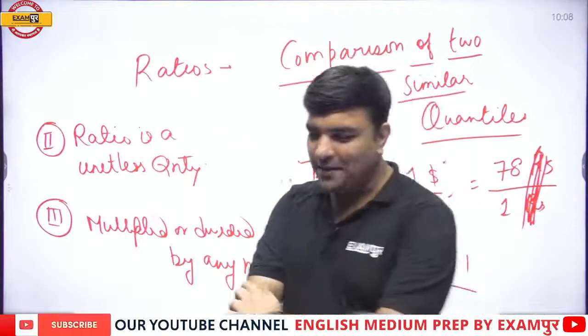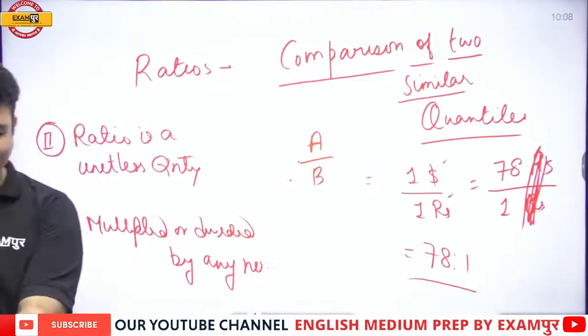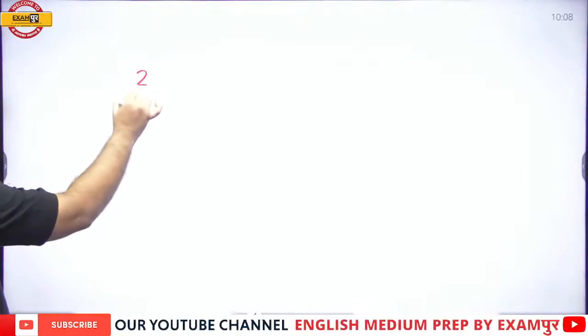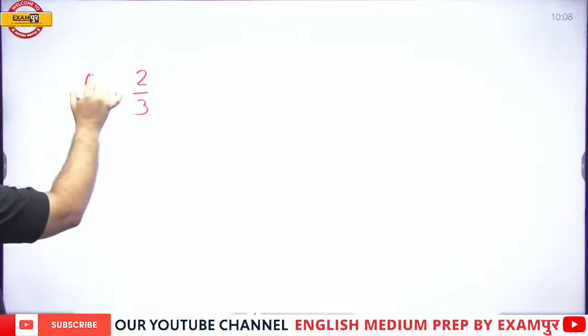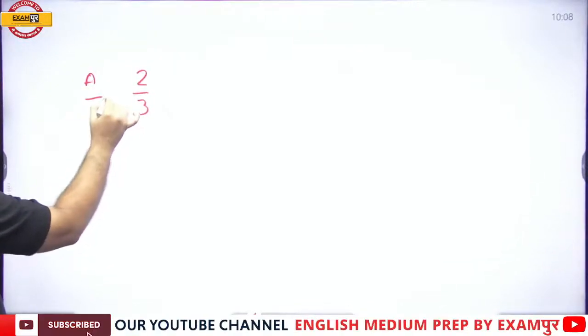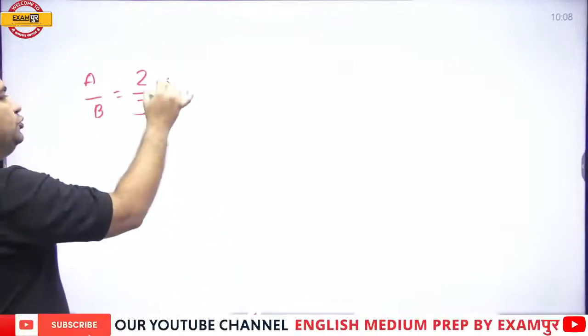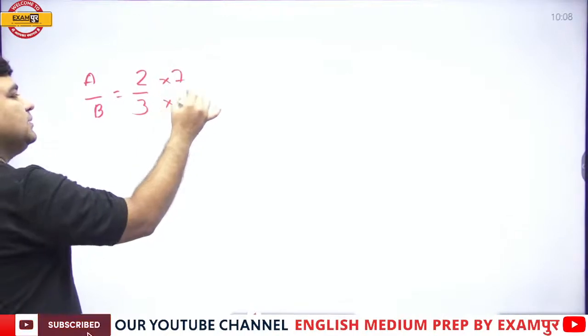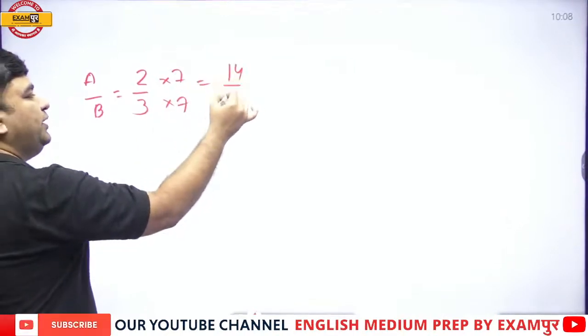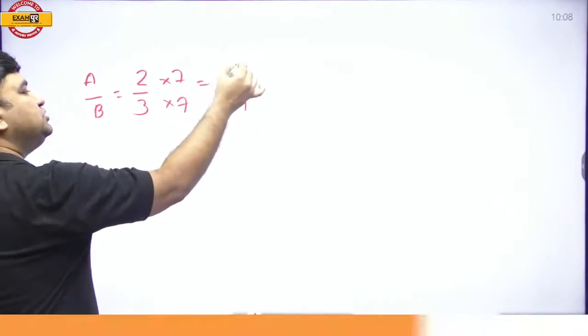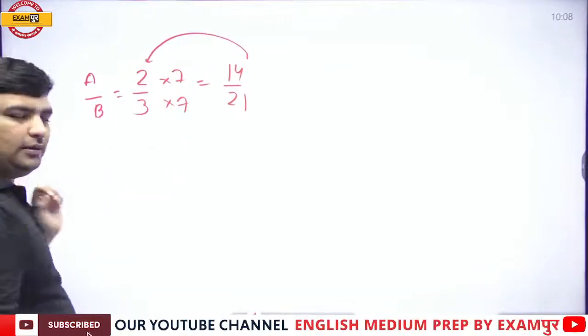So let me take some examples of it. Like 2:3 is the ratio of A:B. You can multiply both numerator and denominator by 7, so it will become 14:21, again 2:3.